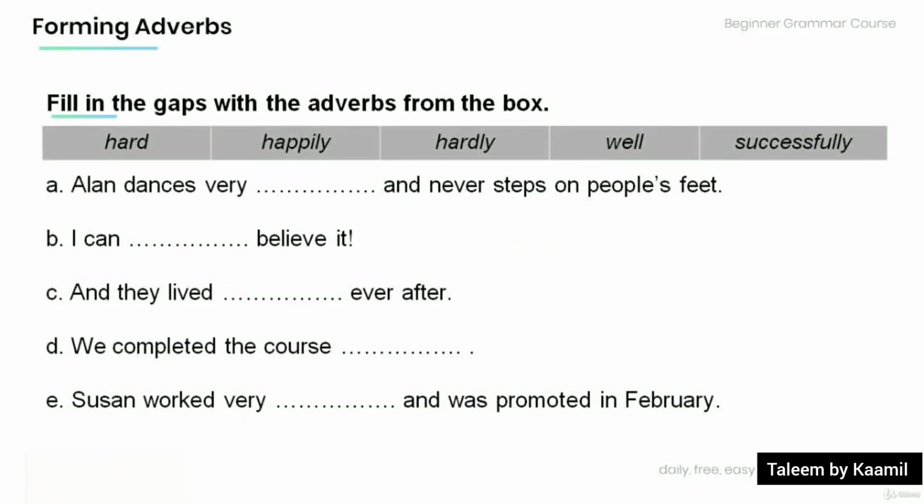And now, it's time for you to practice on your own. Read the following sentences and fill in the gaps with the adverbs from the box. Hard, happily, hardly, well, successfully. A. Alan dances very and never steps on people's feet.